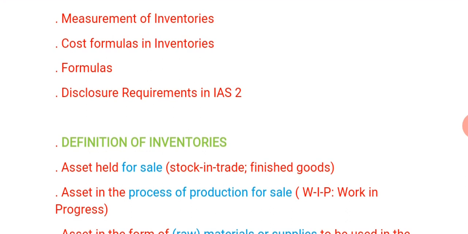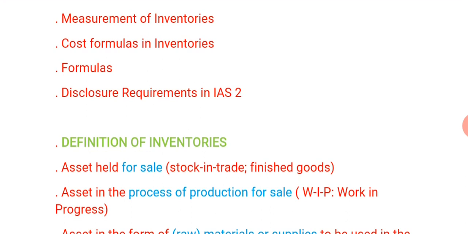It could be a car, an automobile if you sell cars. It could be a shoe, it could be clothes, it could be anything you sell. That is your stock, which is held for sale. That is one. And we should take note that it is called inventories now, not stock again, according to IAS standards. So the first one is that it is held for sale.